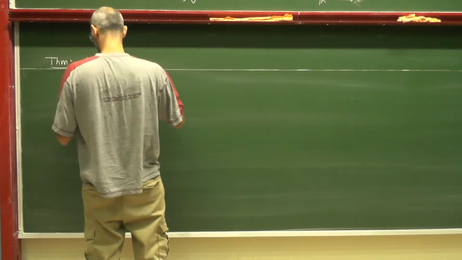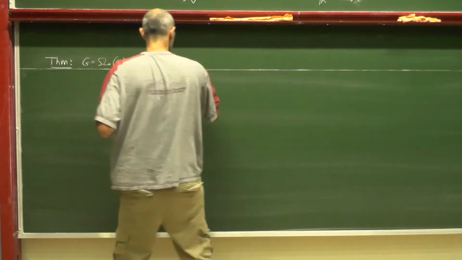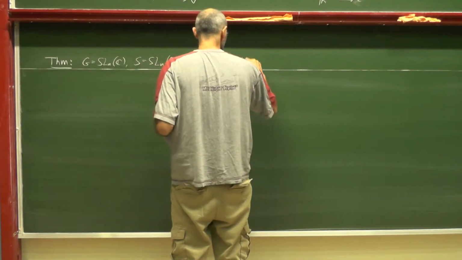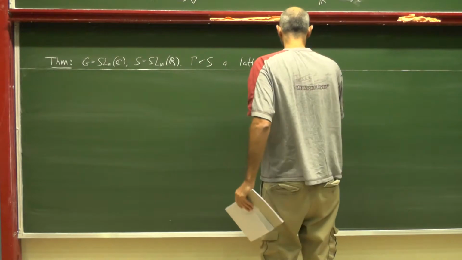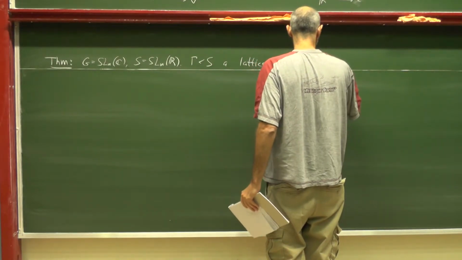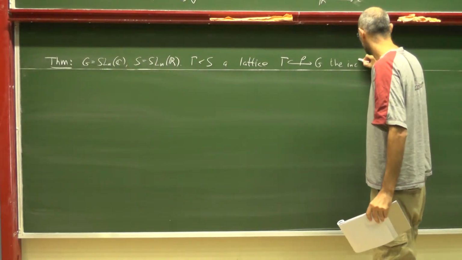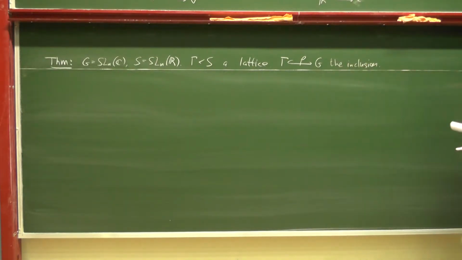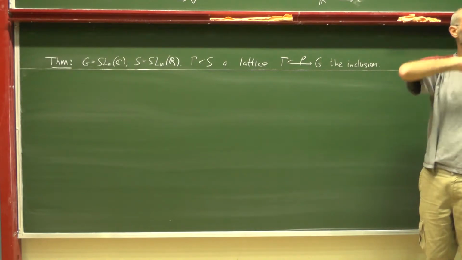And S will be SLNR, gamma in S a lattice, and rho will be the inclusion of gamma in S in G. And by the way, we know this is Zariski dense by the Borel density theorem.